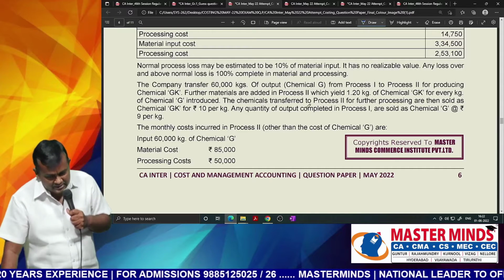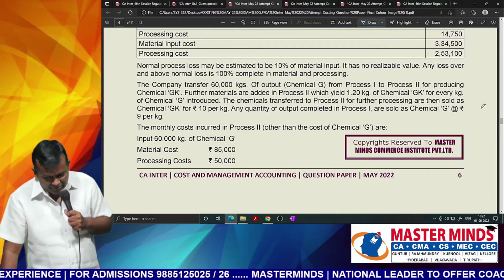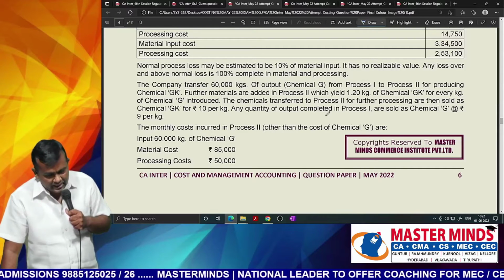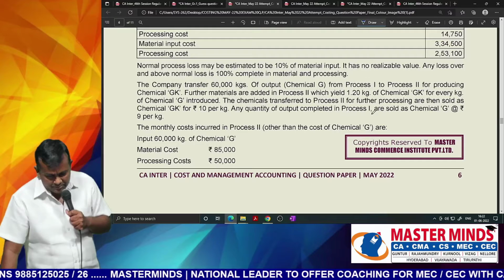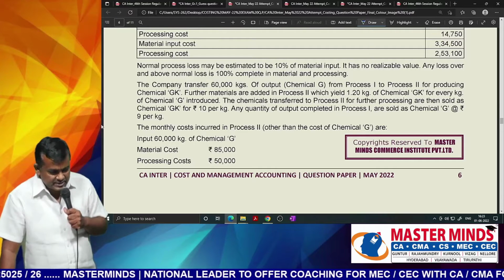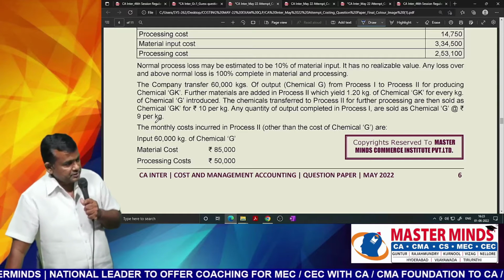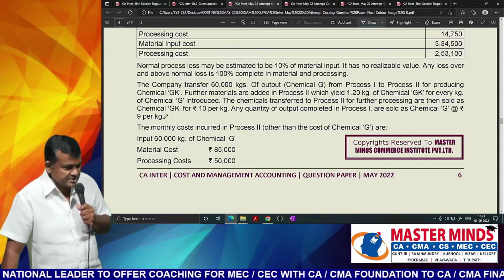So the chemical transferred to process 2 for further processing and then sold as chemical GK for 10 rupees per kg. Any quantity of output completed in process 1 is sold as chemical G at the rate of 9 rupees per kg. So in process 1 output market value equal to 9 rupees per kg.